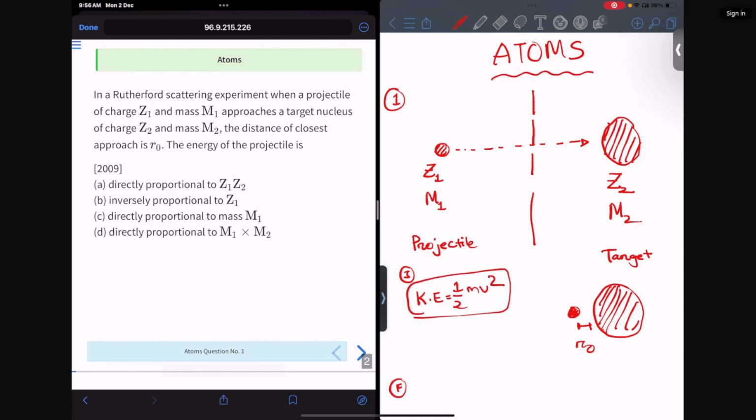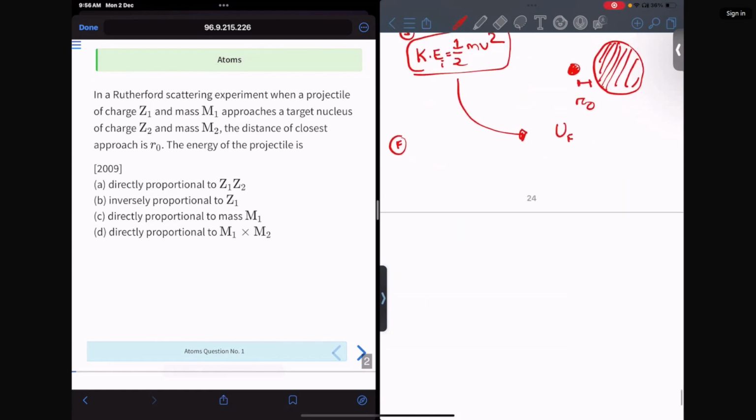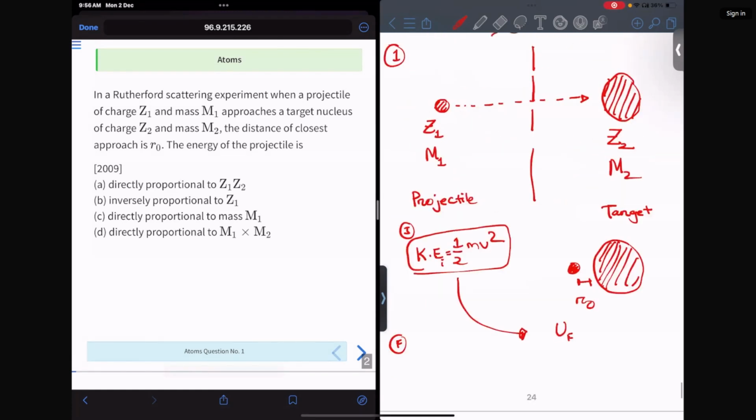And then at the final state, all the kinetic energy will be converted to potential energy. Initially it only had kinetic energy, and when it approached a distance of r naught, it will only have potential energy. So all the kinetic energy will be converted to potential energy.